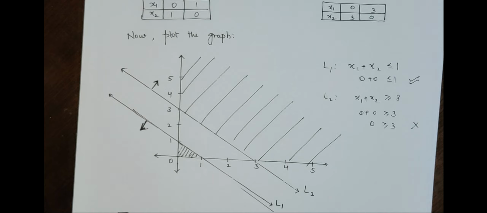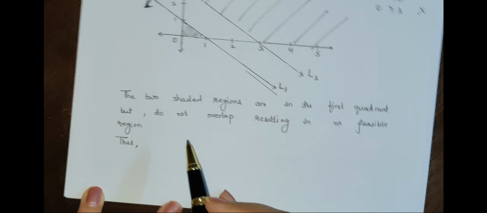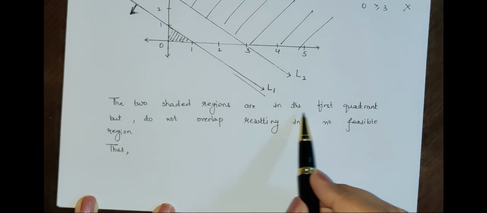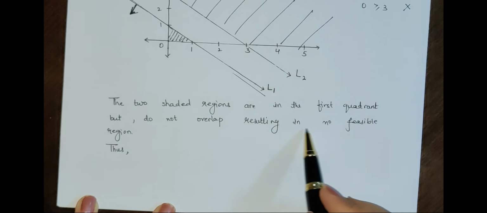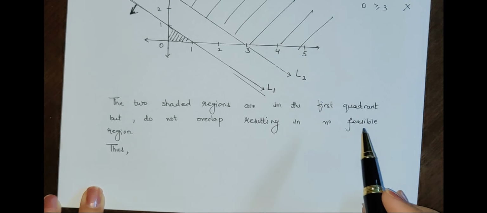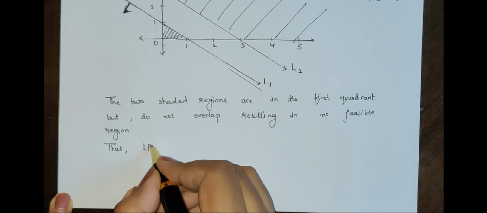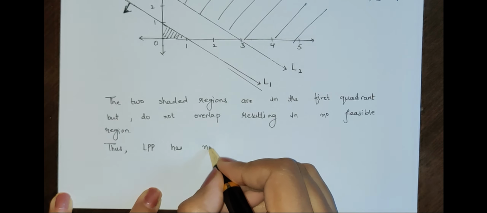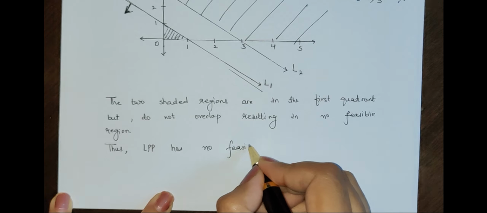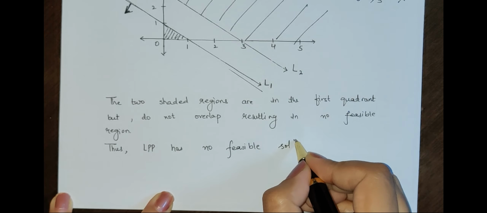So what is the result out of this? Thus the two shaded regions are in the first quadrant but do not overlap, resulting in no feasible region. Got it? So we conclude that the LPP has no feasible solution.